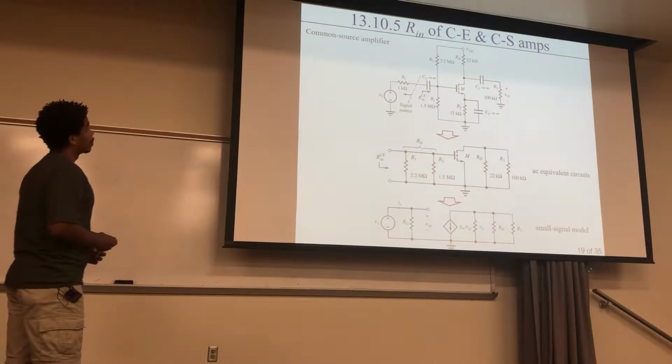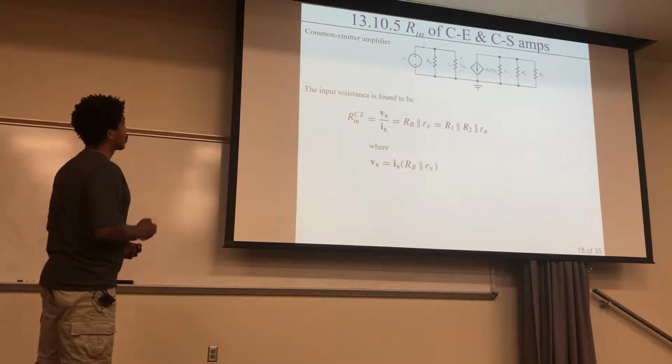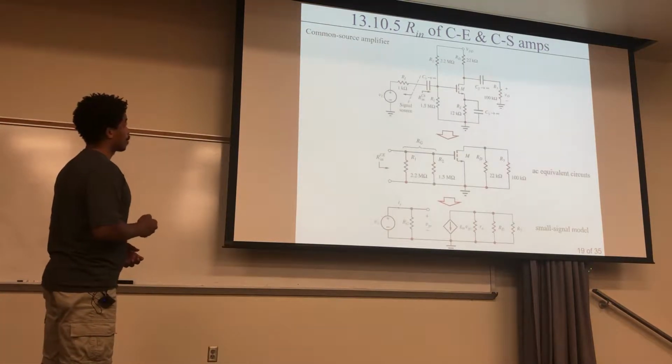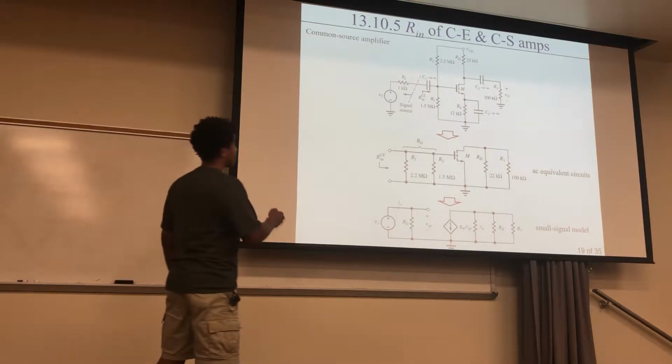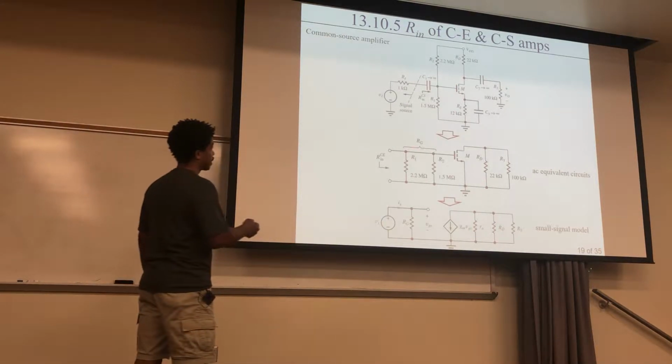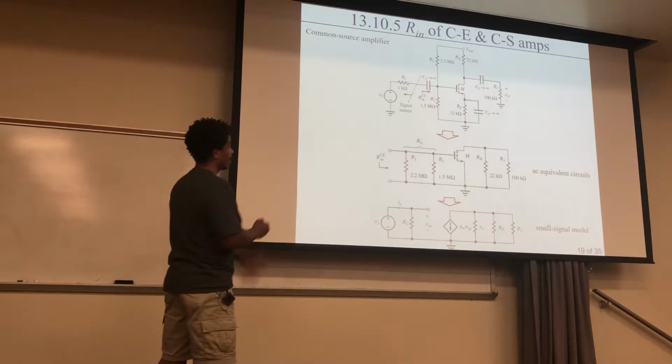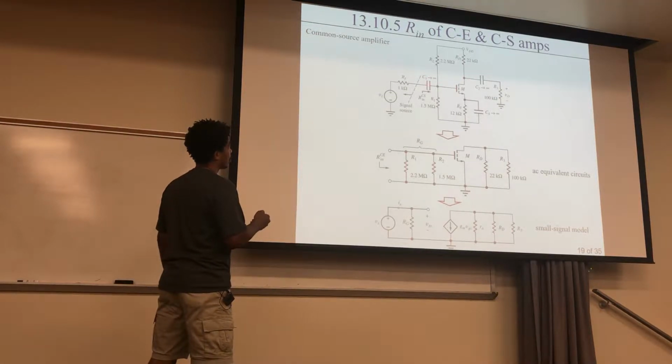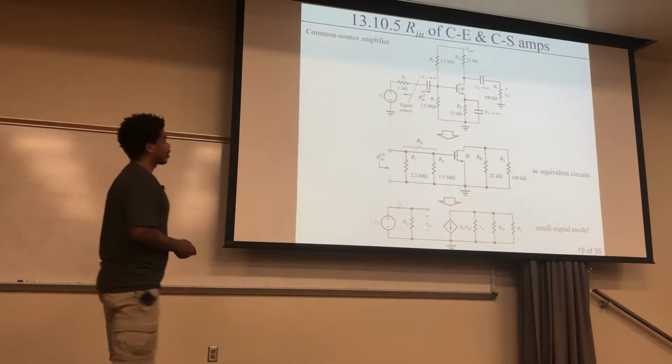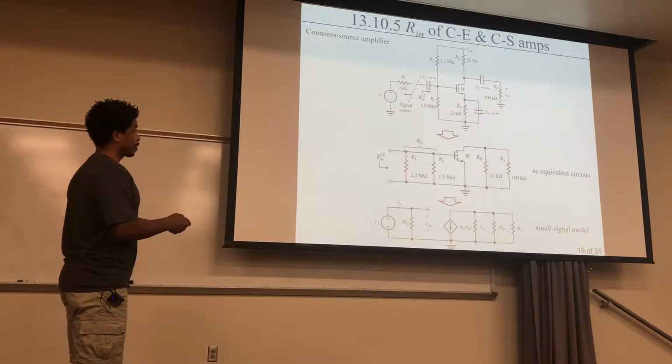Okay, so for the common source amplifier, so this was the common emitter. For the common source amplifier, doing an AC equivalent circuit, this becomes this. And the same thing again, your DC current blockers and your AC current bypass right there. And then you take this and you replace it with your voltage controlled current source and your RO of that.